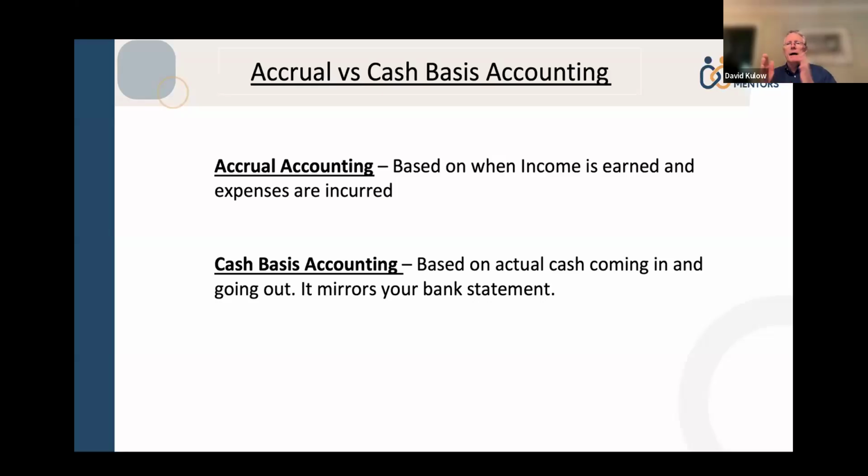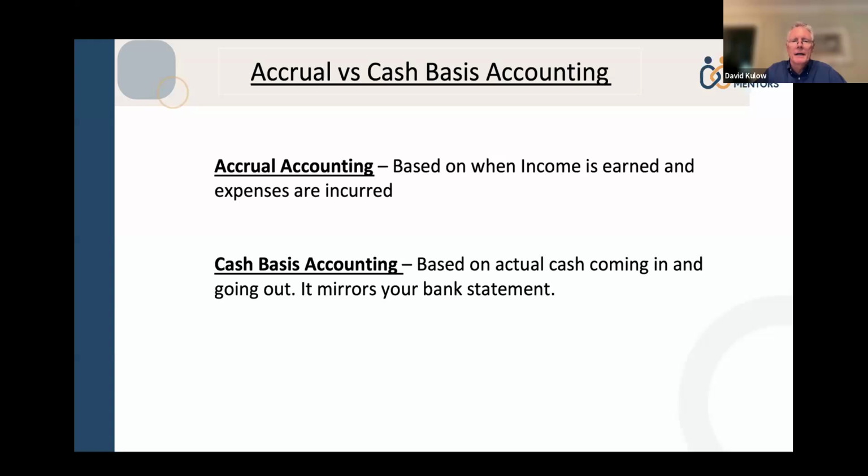So you may buy 100 units of something, but then you'll sell 10 each month. So from a cash basis, you're buying all 100, but you only expense it in accrual accounting as you sell it out. So you would expense 10 units per month over those periods where you sell 10 a month. So I hope that's clear on accrual accounting.